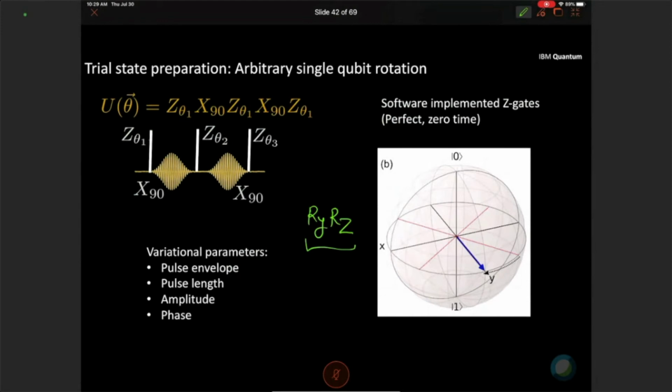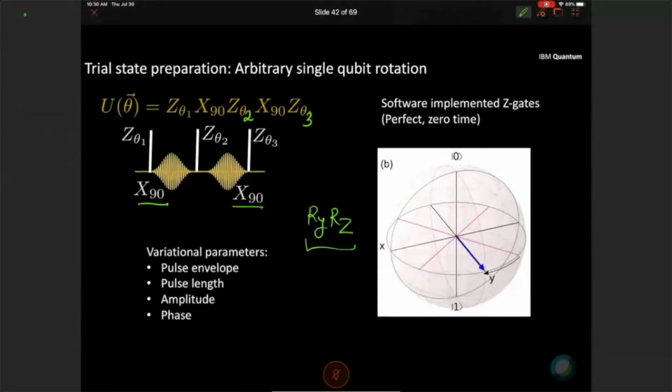In general, if you wanted an arbitrary single qubit rotation, you can construct that out of 3 Z rotations, and I'm sorry, this needs to be 2 and 3, and calibrated X90 pulses, so pi over 2 pulses.